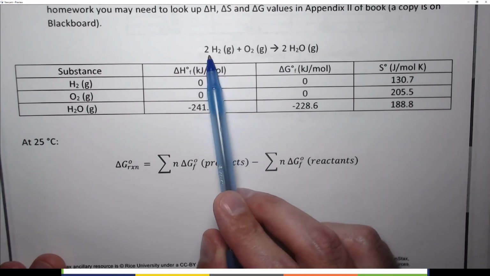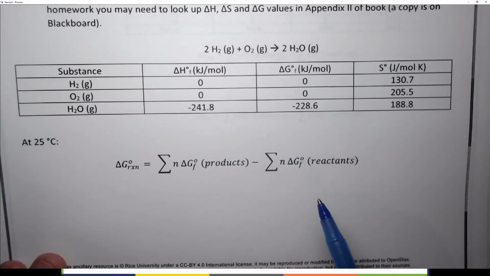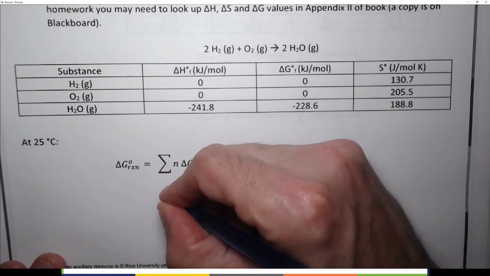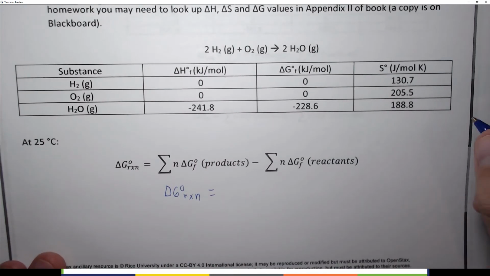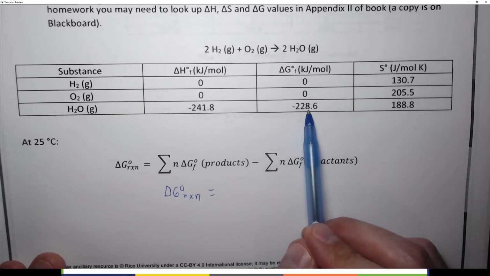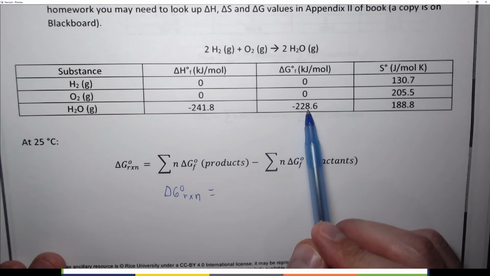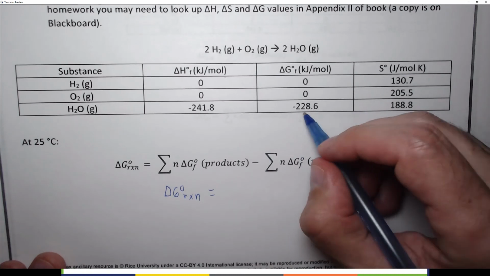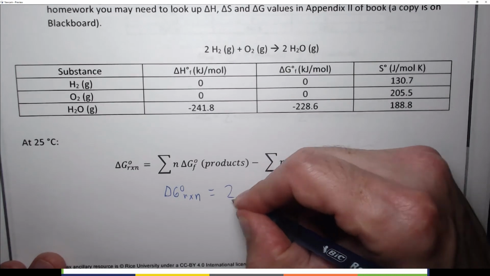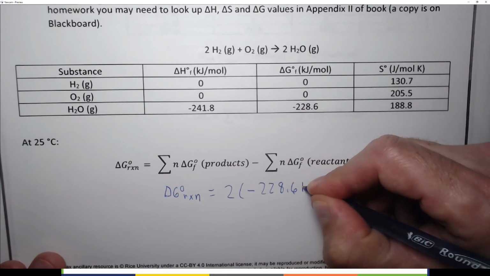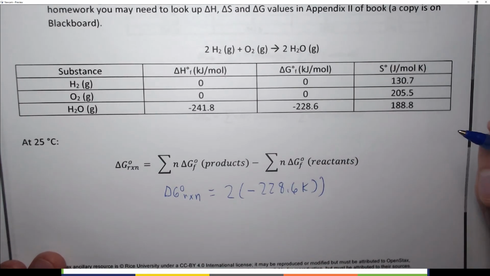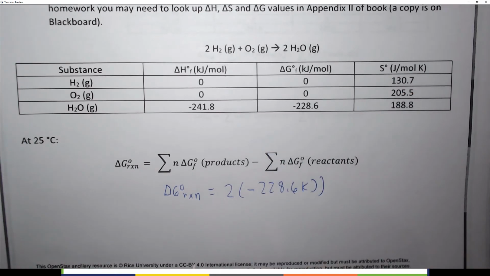We again have H2 plus O2 yields H2O. So we can do delta G naught of the reaction equals products minus reactants. Well, my product is water, and the Gibbs free energy of formation of water is minus 228.6. So I'm going to do 2 times minus 228.6 kilojoules. Note that both of my reactants are elements.